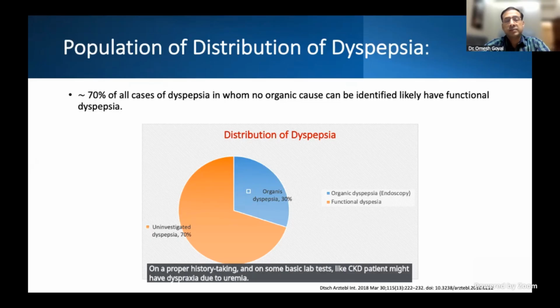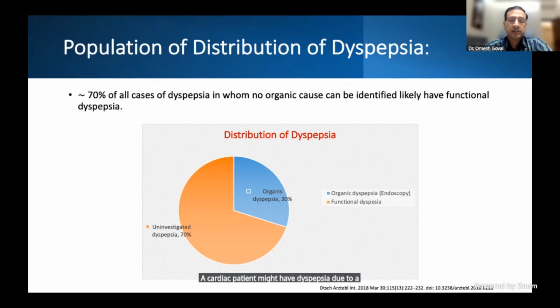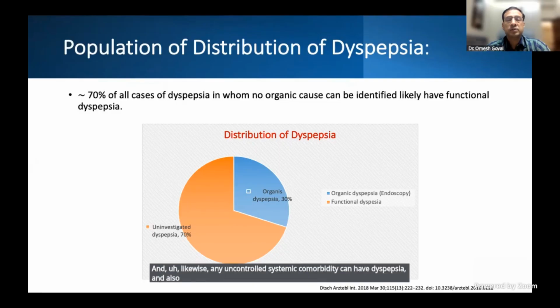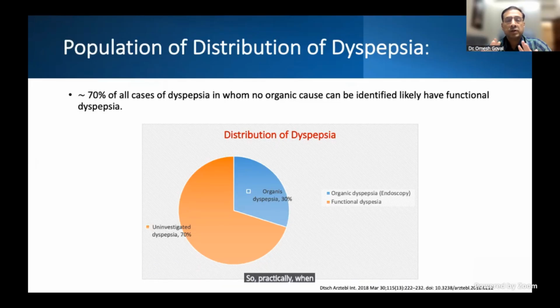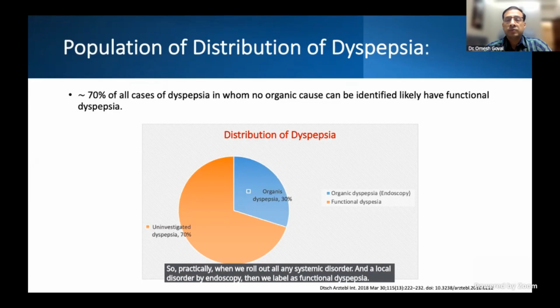A cardiac patient might have dyspepsia due to heart failure causing back pressure and edema. Likewise, any uncontrolled systemic comorbidity can cause dyspepsia, and such diseases come under organic dyspepsia. So practically, when we rule out any systemic disorder and any local disorder by endoscopy, then we label it as functional dyspepsia.